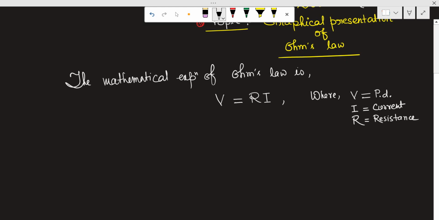So this is the mathematical expression of Ohm's law.